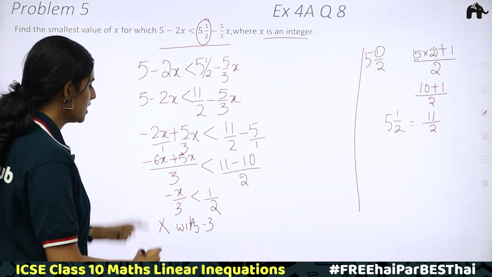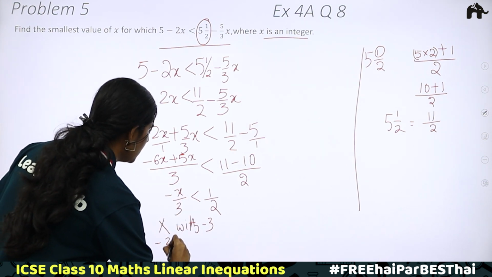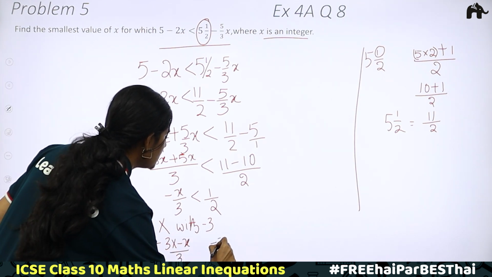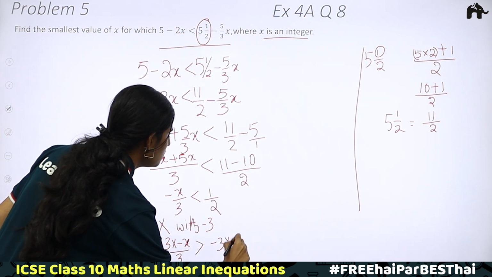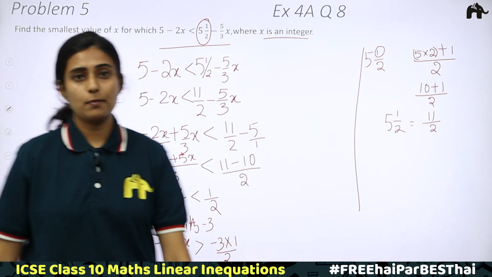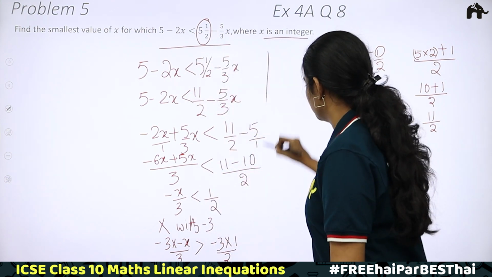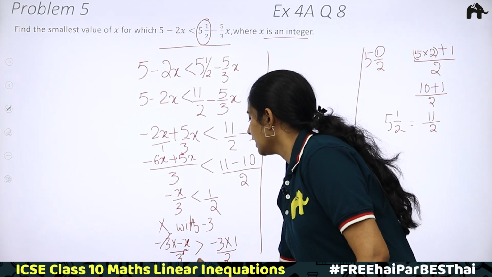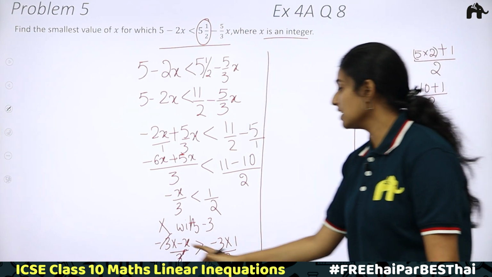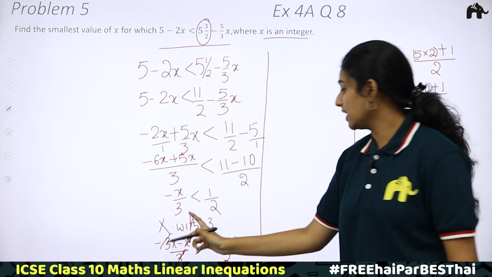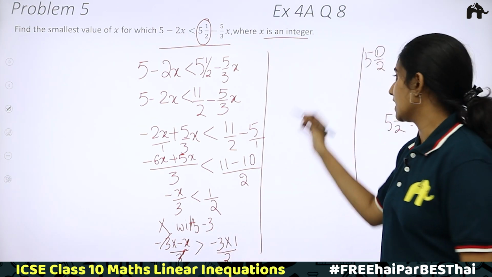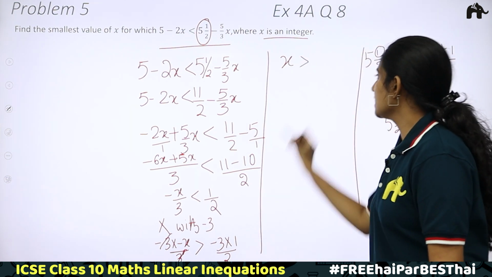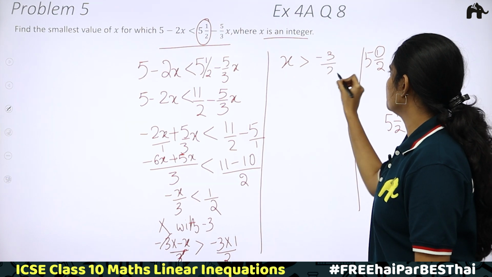So this becomes minus 3 into minus x divided by 3, minus 3 into 1 by 2. Negative 3 and 3 can be cancelled. Negative into negative becomes positive x. X greater than minus 3 by 2.